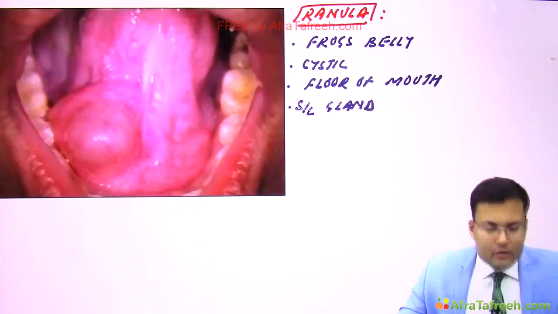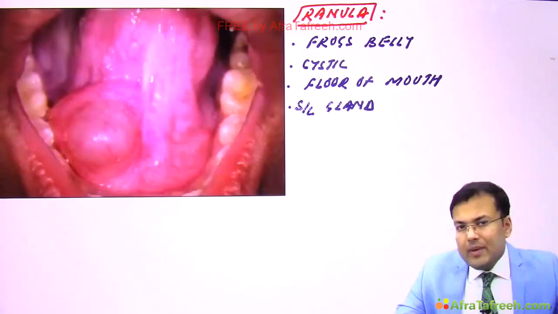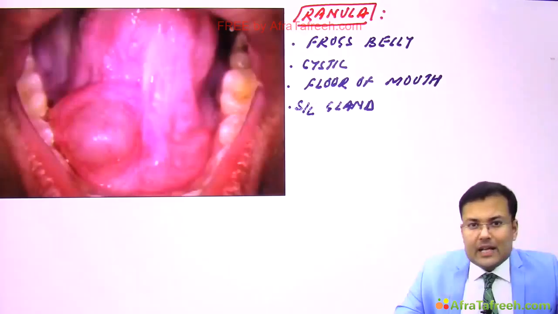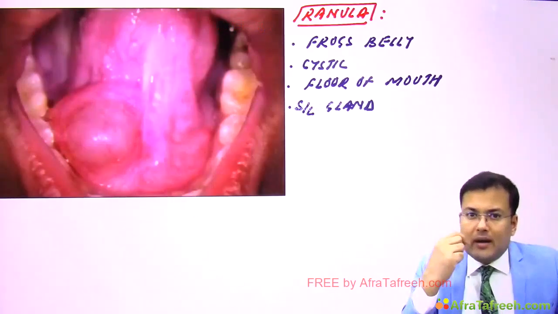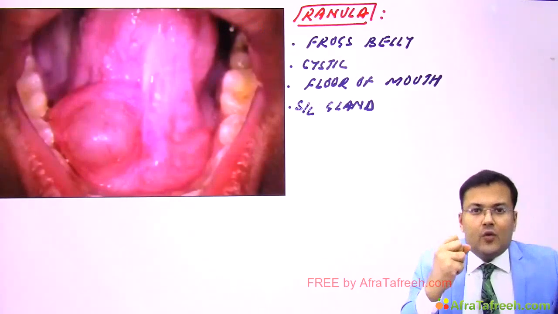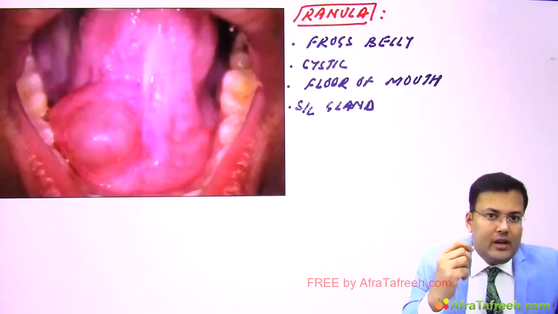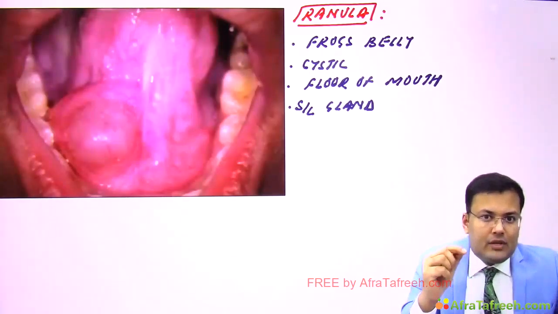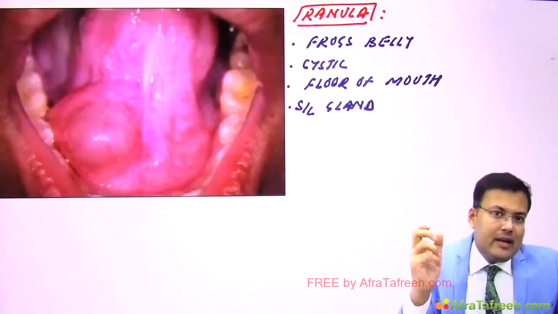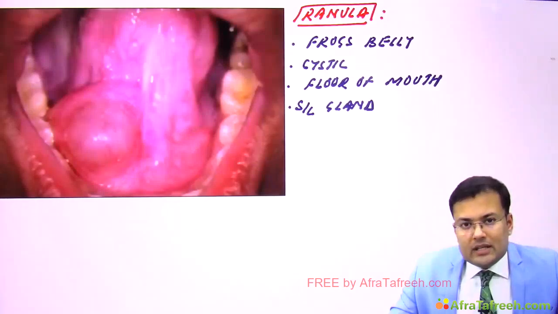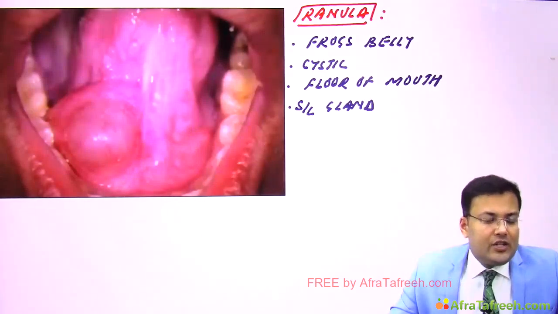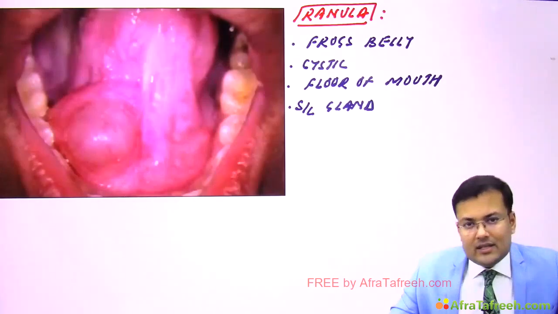Okay, now see, what's the problem? Ranula can be both a mucus extravasation cyst and a mucus retention cyst. What is extravasation? Because of trauma or rupture, there is spillage of mucin, and because of the spillage, it is lined by granulation tissue or fibrous tissue. This phenomenon is known as mucus extravasation phenomenon, and the cyst is a mucus extravasation cyst.